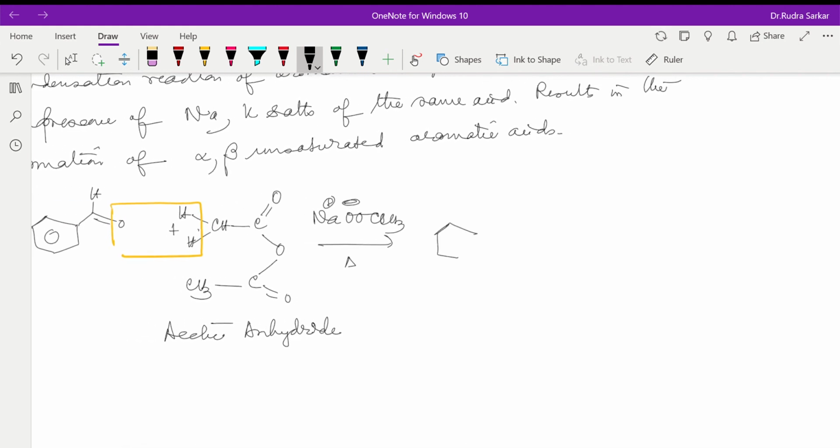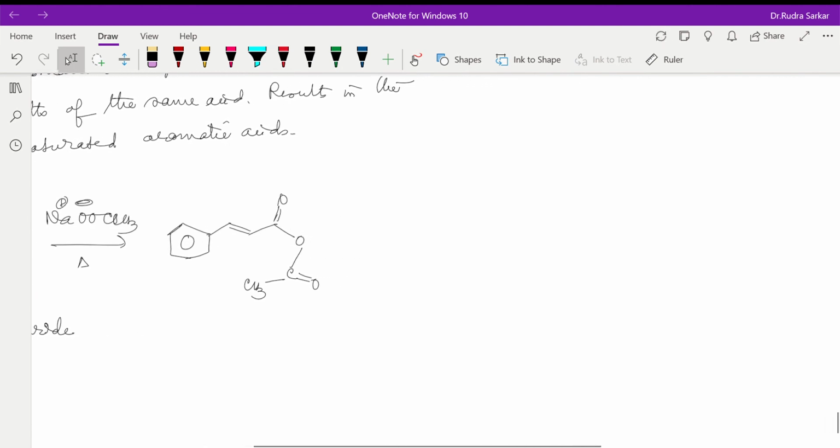So this, now you can think, is forming something like that. All you need to do is carry out hydrolysis now. Whenever you treat an anhydride, so this is also an anhydride, when treated with water, two molecules of acids are formed.